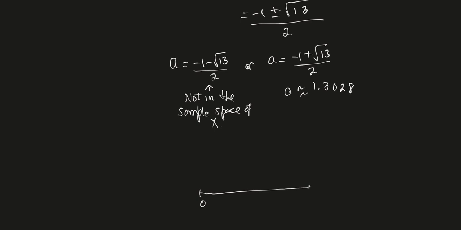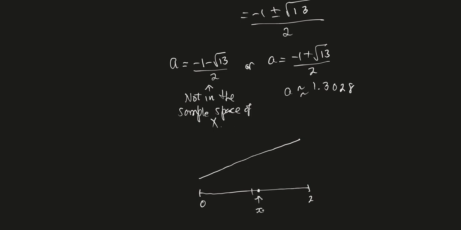So again, if we sketch this, here's our sample space, 0 to 2. And our PDF was that linear function, so it looks like this. So the median is actually a little bit past the midway point of our sample space, right? So there would be 1. So the median is somewhere over here.